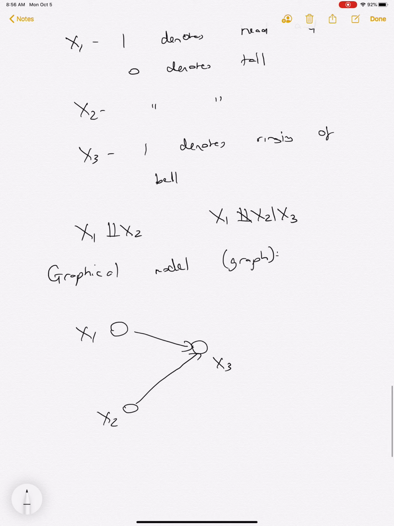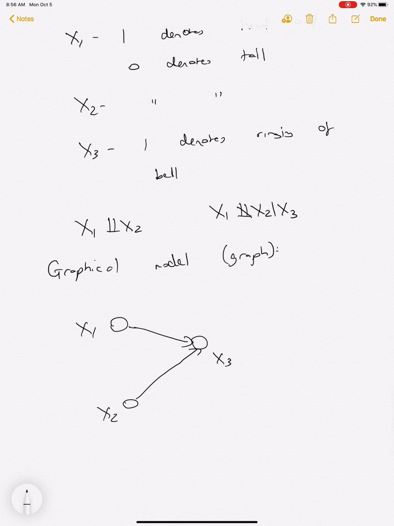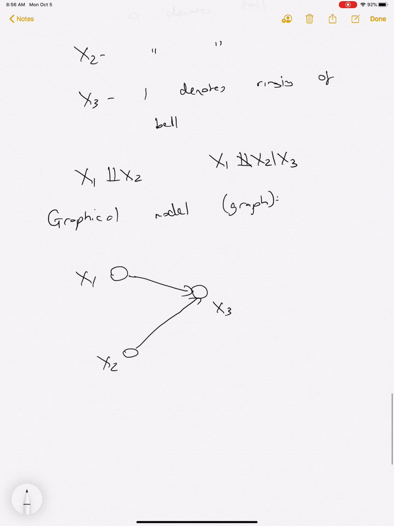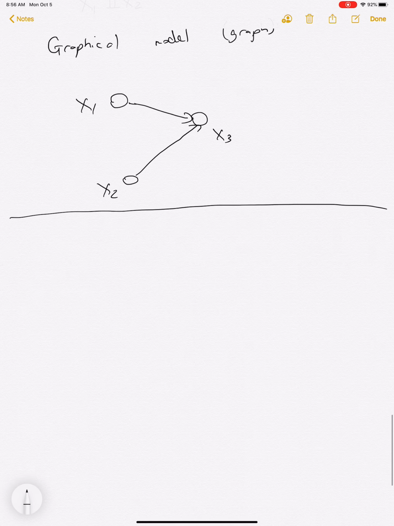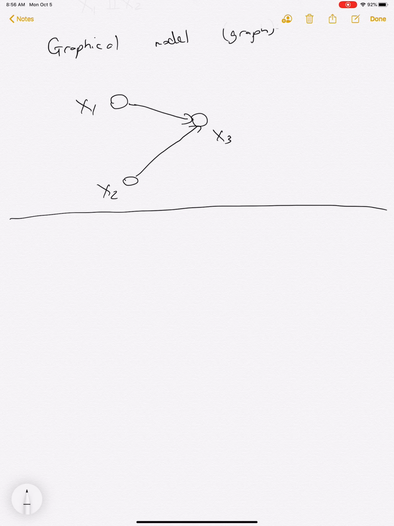We haven't learned yet why this encoding happens, but this is what it represents. Okay, we've given a bit of an introduction to this, but we haven't actually defined yet what a graph is. So let's look at graph definitions.